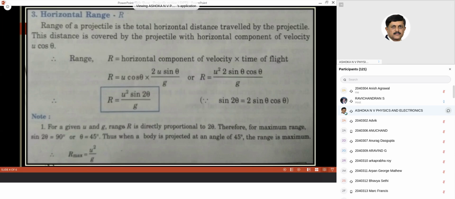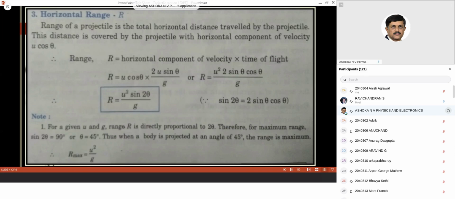The horizontal component of velocity, you know, we split the velocity in the beginning itself into two components. One is the vertical component u sine theta, and the horizontal component is u cos theta. Therefore, the horizontal component of velocity is u cos theta into time of flight 2u sine theta by g. We can write this as R is equal to u square 2 sine theta into cos theta by g.